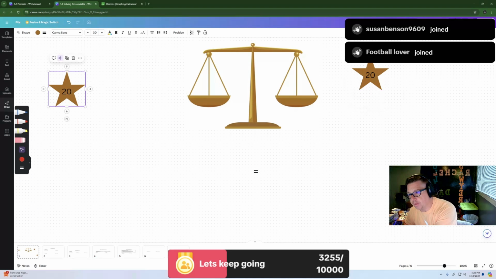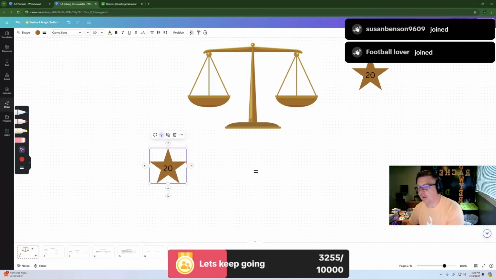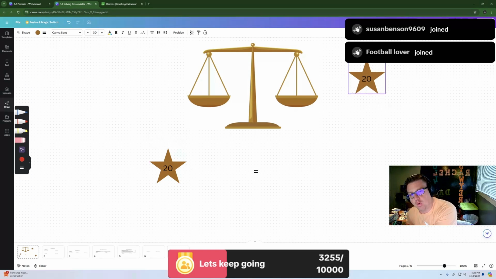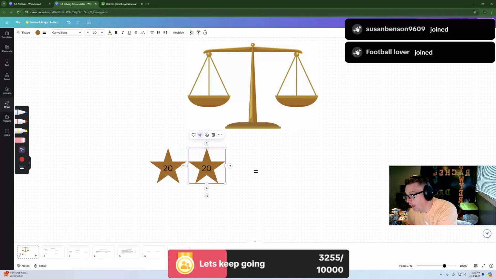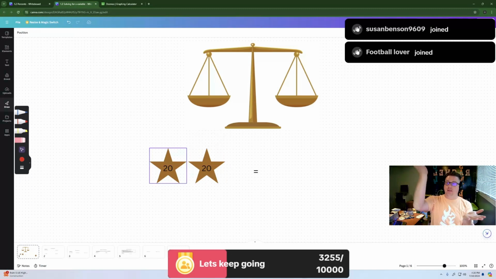So what happens if I put 20 on here? We're going to go whoop, and that scale is going to be way off kilter. And now let's throw another one on. So now we have two 20s. That scale is going to be way down here because all that weight would pull it to the ground, and then the other side would be way up here. So what do we need to do?